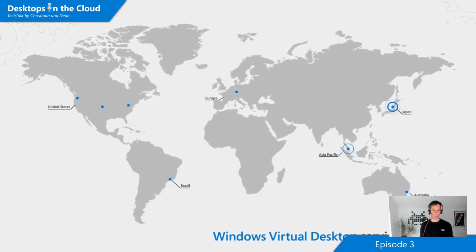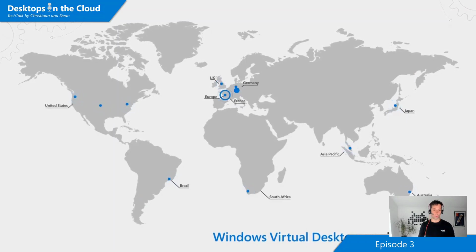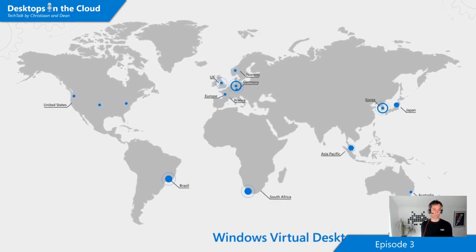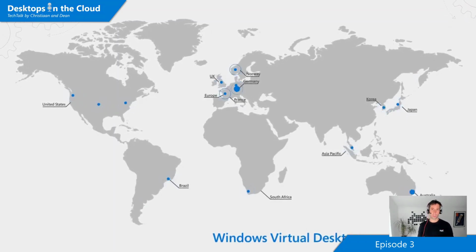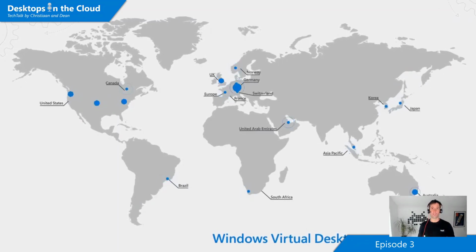And for us, it's important to roll out the service instance to all the locations worldwide to make sure it's as close as possible to end users. What we announced a while ago is that we already have service instances in regions like the US, the EU, Japan, Australia, Asia Pacific, Brazil. And since then, we deployed in South Africa, UK, France, Germany, Norway.